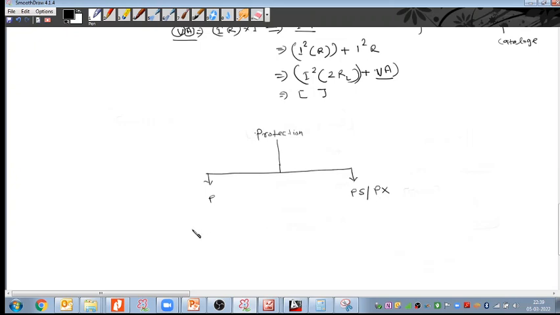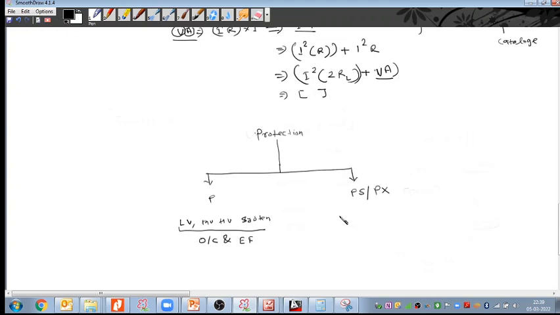P class CT we use for low voltage, medium voltage, and high voltage systems, and for all these systems we use the overcurrent and earth fault relay. So for this relay we take P class CT.